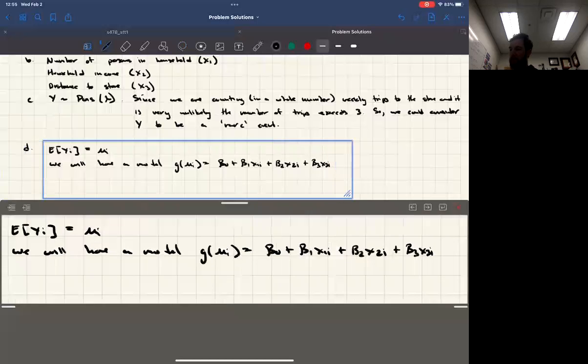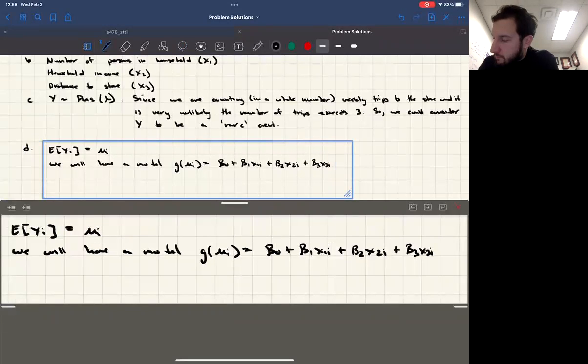Okay. So this is essentially all we really need to do here. We just need our response variable, or the function of our response variable, to be linear with the components. There's not too much else to say.